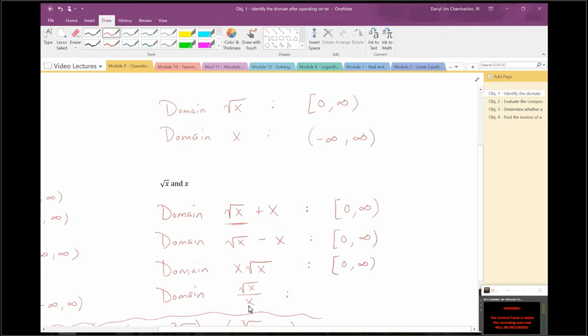And this time we needed that special case where we're throwing away where the denominator is 0. So our domain changes slightly. So we saw this time our domain after operating on them was the same as this smaller domain, the domain of square root of x.